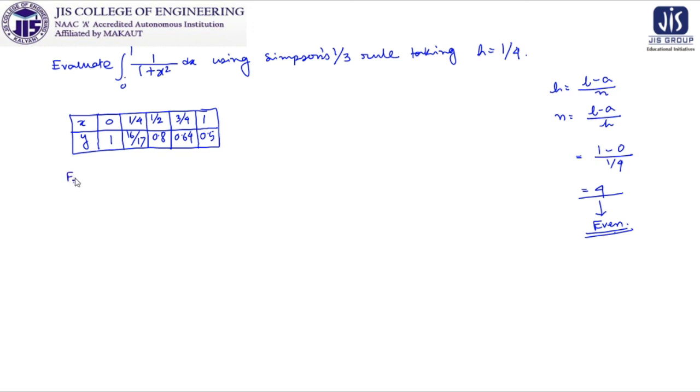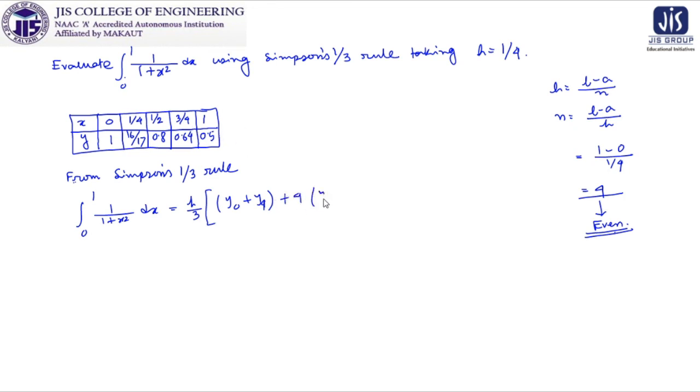After getting this table complete, we can write in this manner: the integration from 0 to 1 of 1 by (1 plus x square) dx is equal to h by 3 times [y0 plus y4, because it is 0, 1, 2, 3, 4, then plus 4 into (y1 plus y3) plus 2 y2].